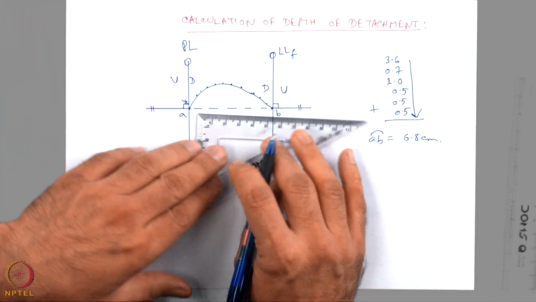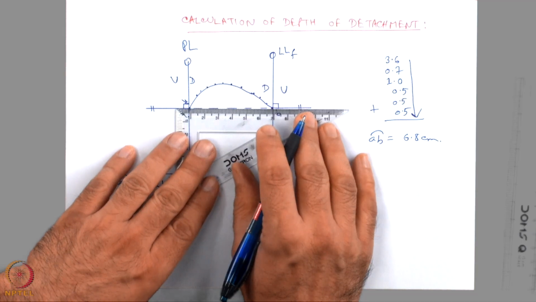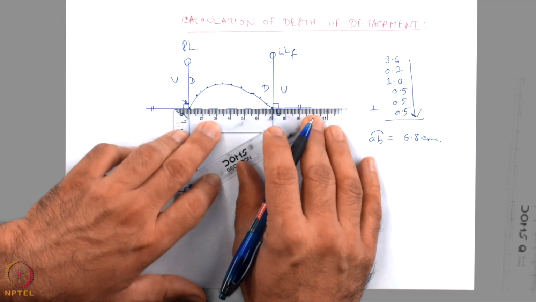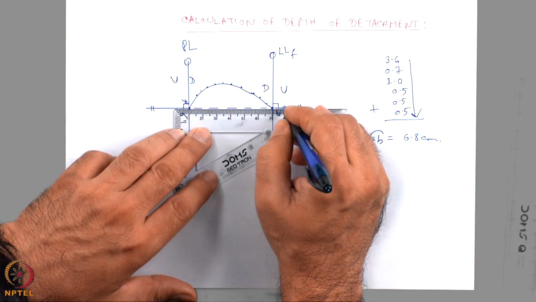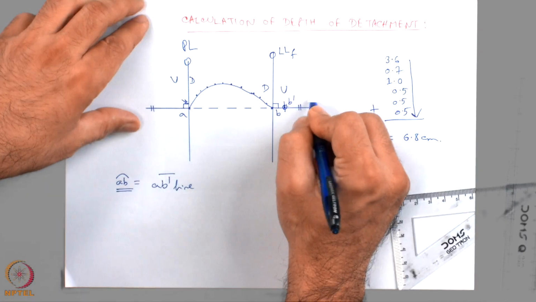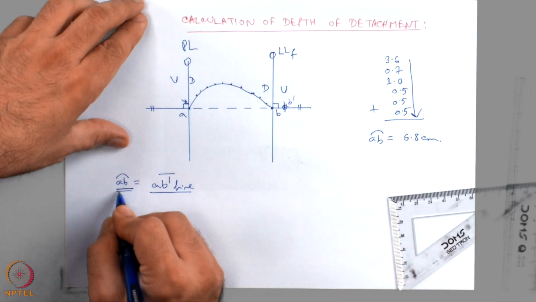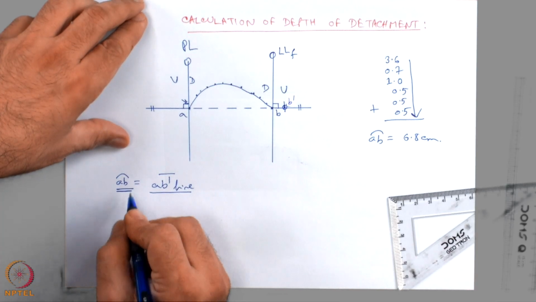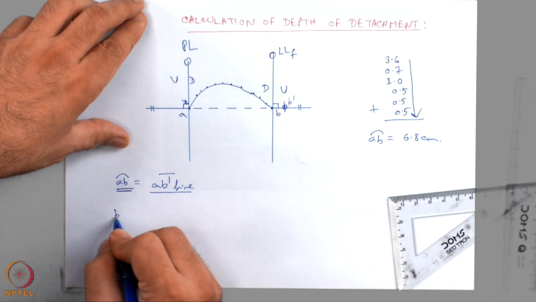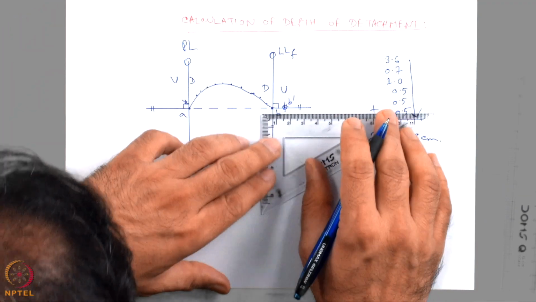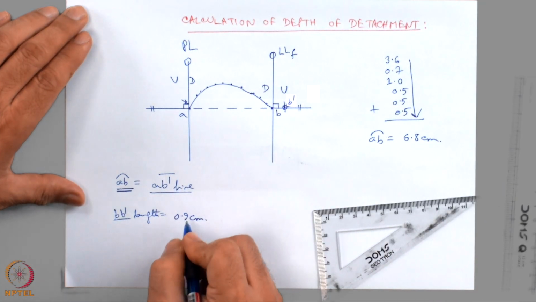That means from A I have to draw a line of 6.8 centimeter length, and on this drawn line itself is that point B dash. So, the AB dash line length is equal to the curved length AB. From the diagram we can find out the BB dash length, which is equal to 0.9 centimeter.